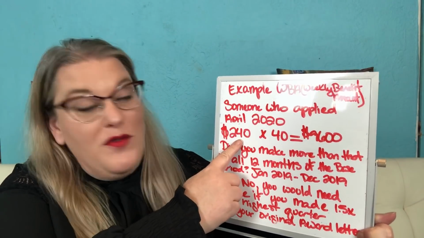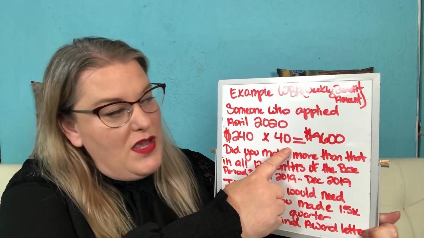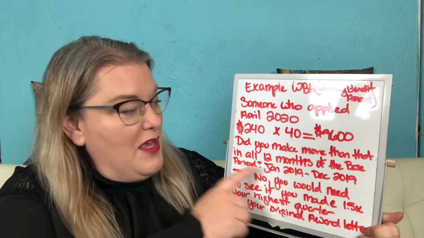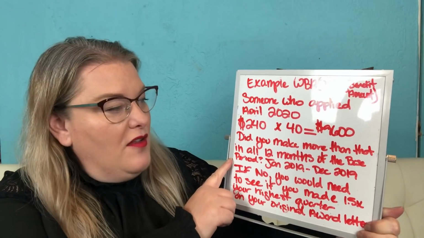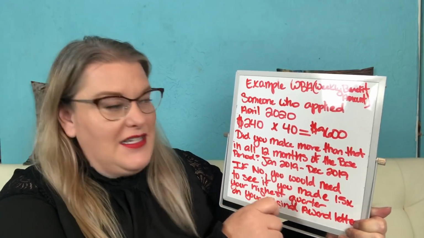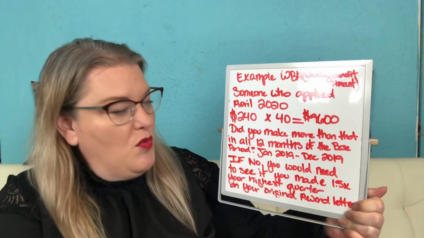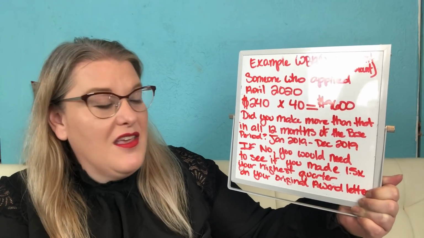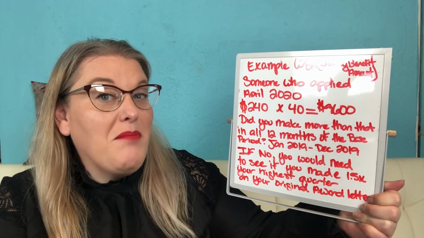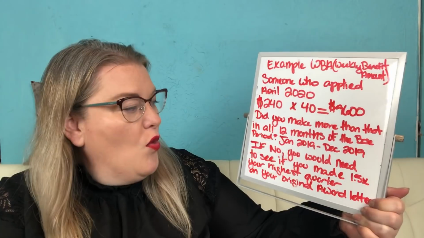So 240 times 40 weeks equals $9,600. Did they make more than that in all 12 months of the base period, which is January of 2019 through December of 2019?